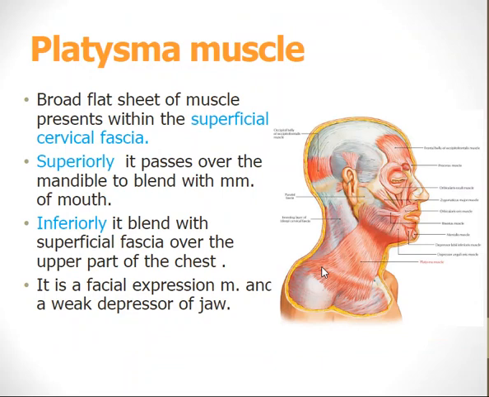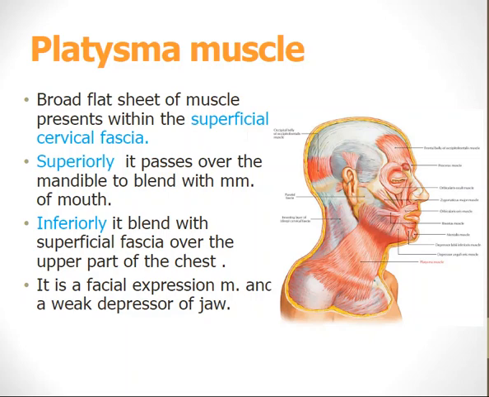We have another very important muscle here. I think we mentioned it in the lecture on the anatomy of the neck, and we can repeat some important points. The platysma muscle is a broad, flat, superficial sheet of muscle within the superficial fascia of the neck.